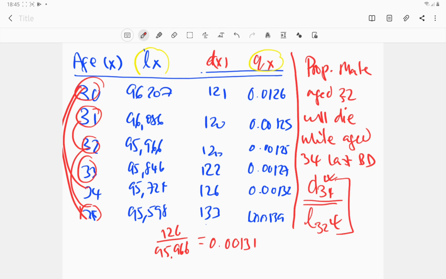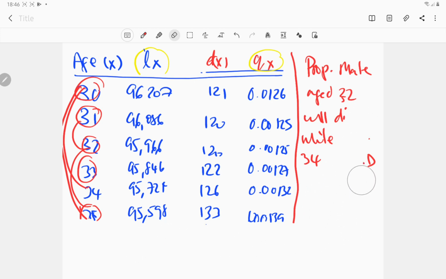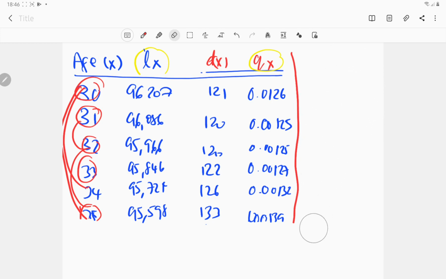If we know how many people die in the next year, we can easily calculate the probability of dying in that year. If we celebrate the next birthday, we are happy, but it's just by luck, so that probability shifts to the next period.